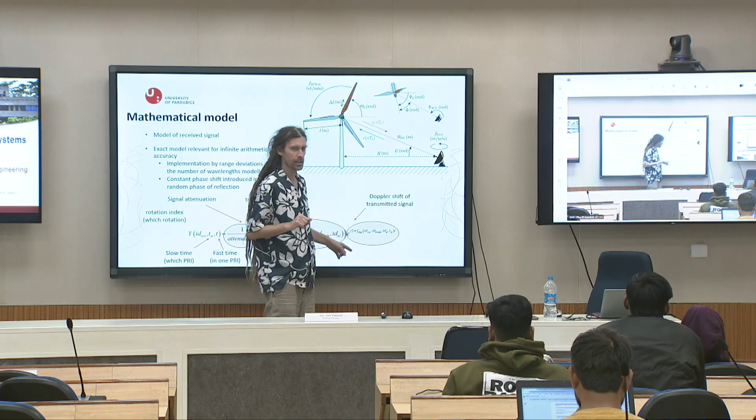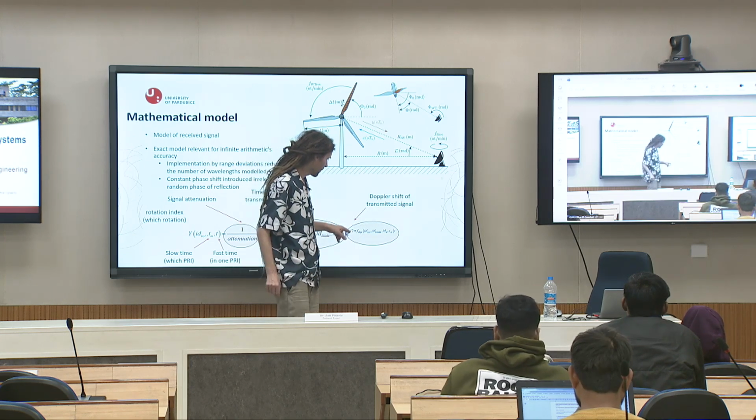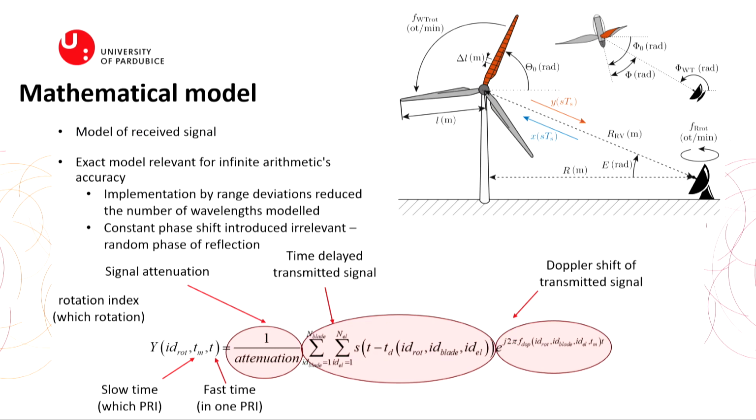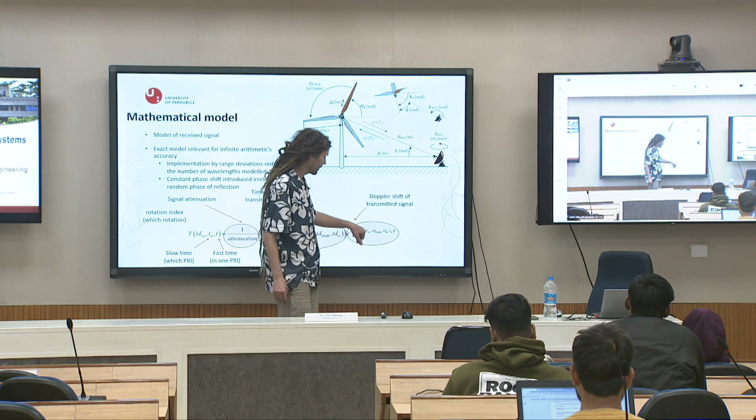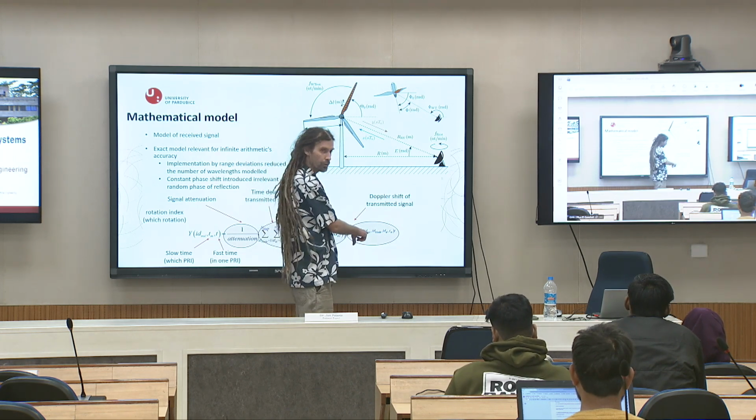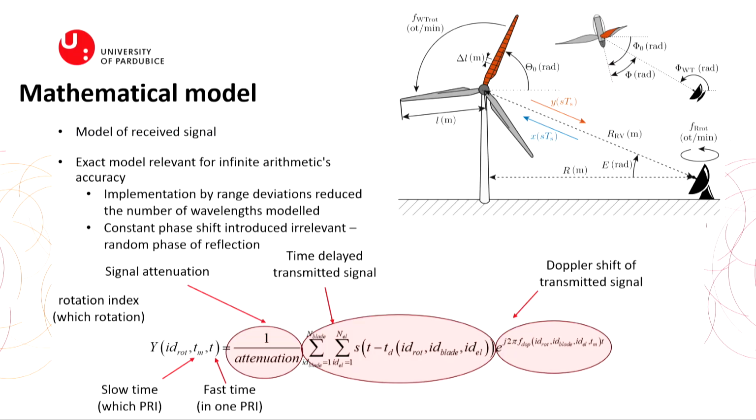And what is this? It is the Doppler shift computed. And the Doppler shift is computed based on, how you will shift a signal in frequency: multiplication by a complex exponential, e^(j2πf_Doppler). But f_Doppler again is based on the number of rotation, number of blade, number of element, and t_m, which is slow time, which is PRI.